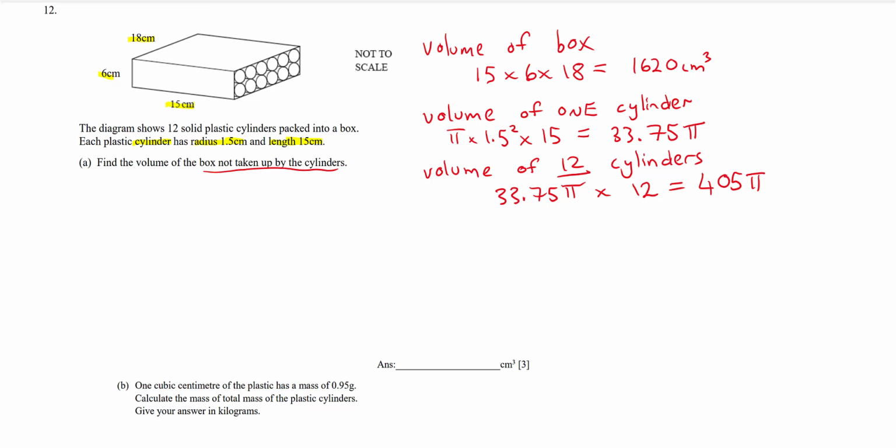Okay, so we've worked out the volume of the box, and we've got the volume of all 12 cylinders. So the space in between is going to be the volume of the box minus the volume of 12 cylinders. So we have 1620 minus 405 times pi.